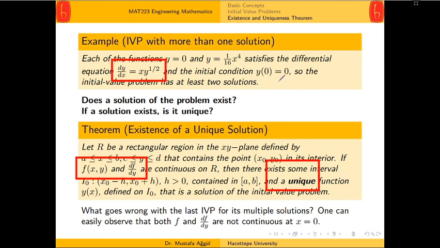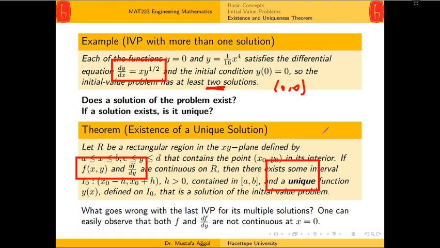So if you substitute 0 comma 0 here, you'll see this function is really a square root of y. If you graph it, or imagine it, this root function is not defined on the negative side. So this means this function is not continuous at 0. So this was the problem. For this reason, we have two solutions to the initial value problem.